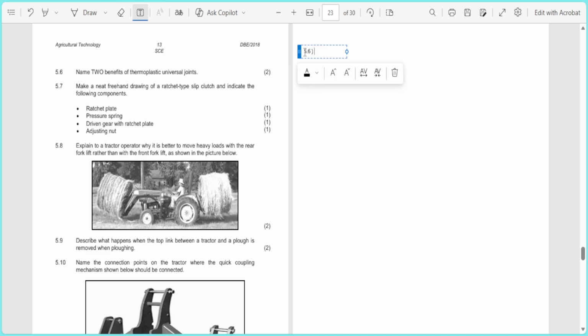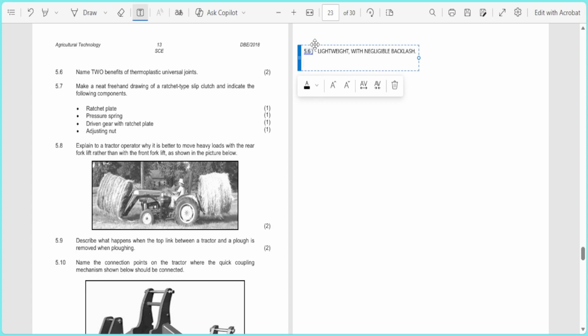So just to name the benefits, I would say they are lightweight and have negligible backlash. That's 5.6.